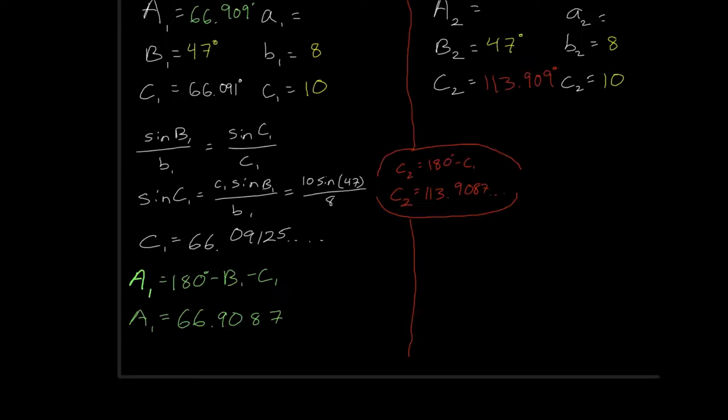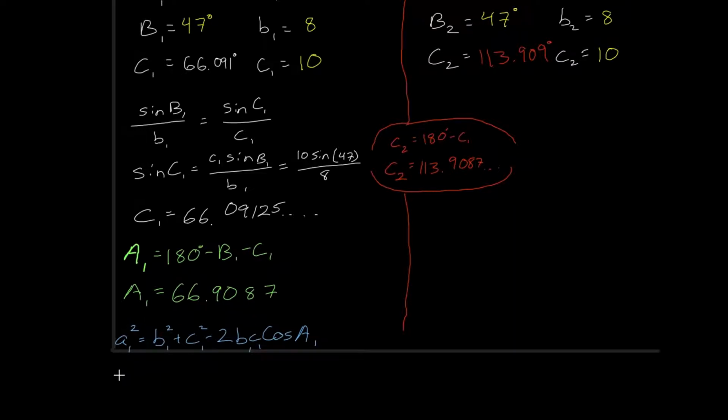Let's go ahead and I'm going to use law of cosines because I really do think it's a little bit easier to solve for that last side length. So a squared equals b squared plus c squared minus 2bc cosine of a. And all of these are specifically triangle 1.